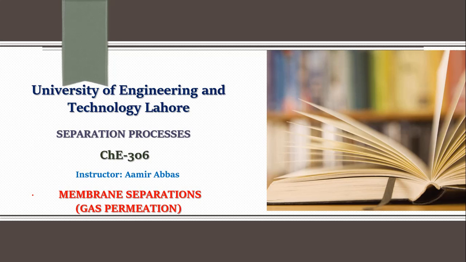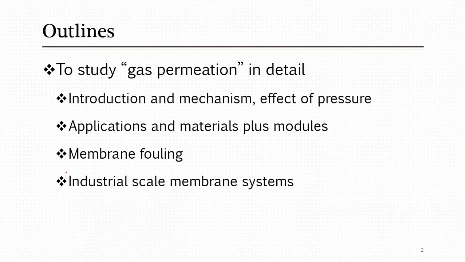So in this topic of gas permeation, today again we have to study various points related to this, that will include the introduction and mechanism of gas permeation membranes, then the effect of pressure. Few points will be related to the reverse osmosis membranes, but few will be new here.